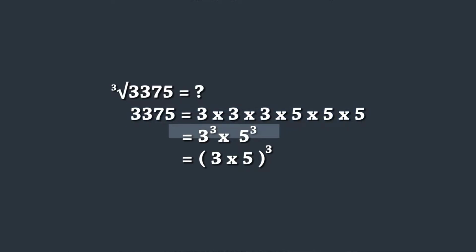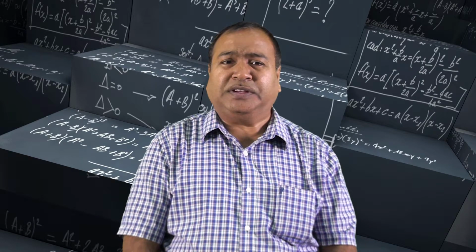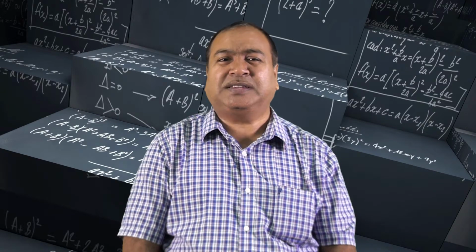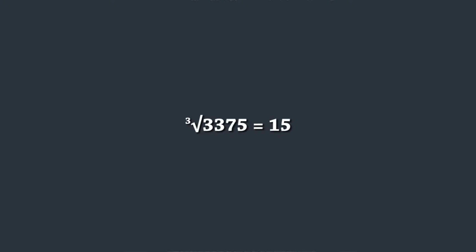That is equal to 3 cube into 5 cube. That is equal to 3 into 5 whole cube. Therefore, 3375 is equal to 3 into 5 whole cube, and hence cube root of 3375 is equal to 15.